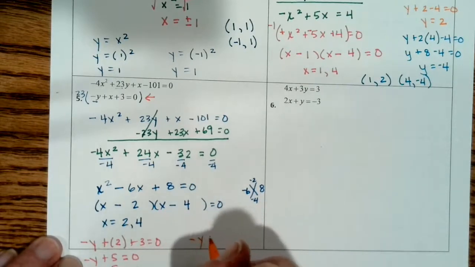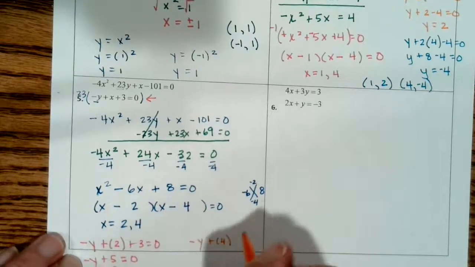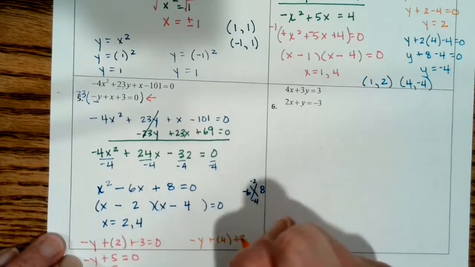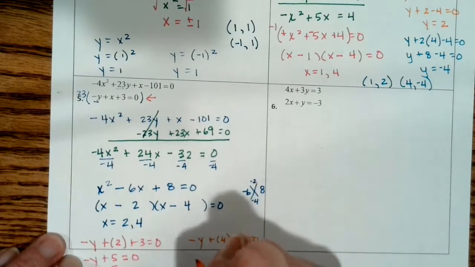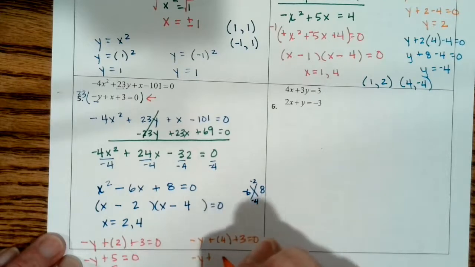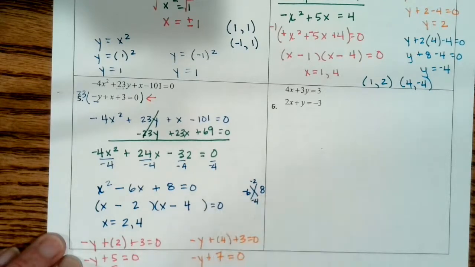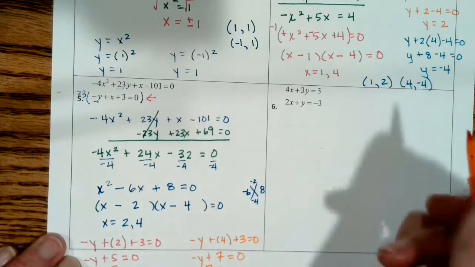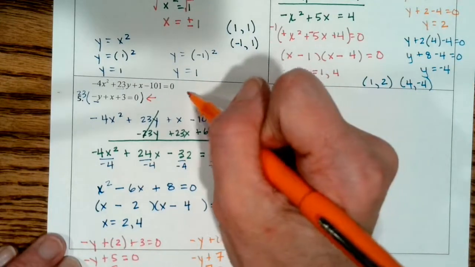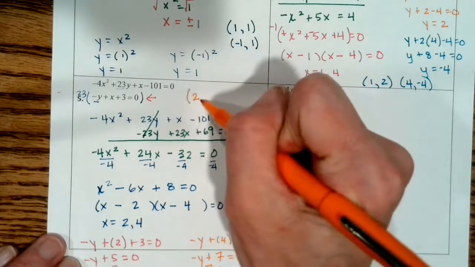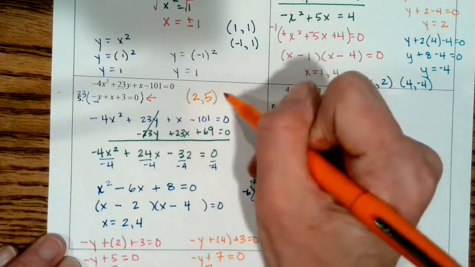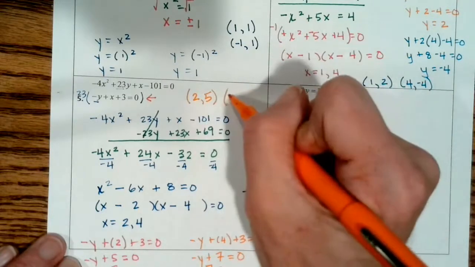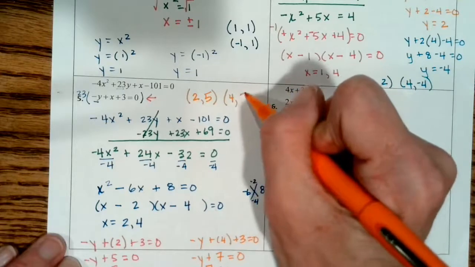Negative y plus 4 plus 3 is equal to 0. Negative y plus 7 is equal to 0. 7 is equal to y. Therefore, my solutions are positive 2 and positive 5 and positive 4 and positive 7.